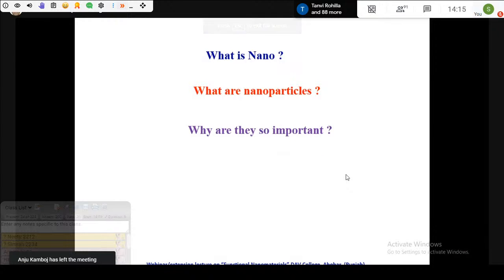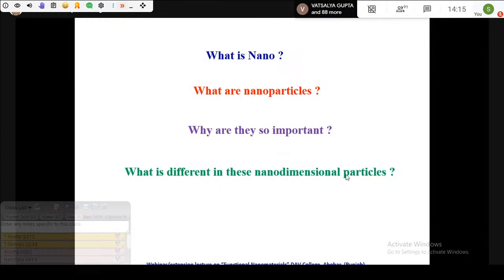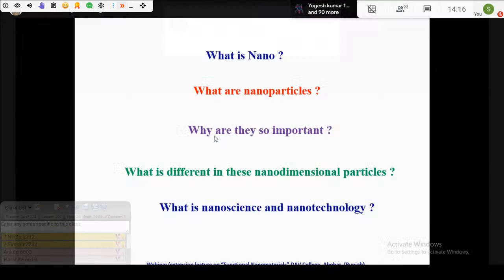Why are they so important? And what is the difference at this size? Or simply, nowadays in news, in papers, everywhere, we generally find always these two words, nanoscience and nanotechnology. So how do we define these things?